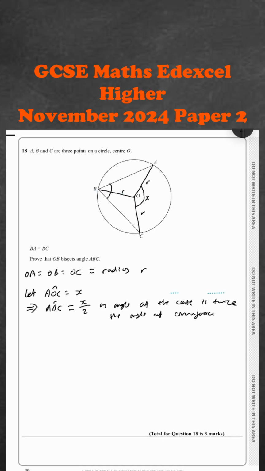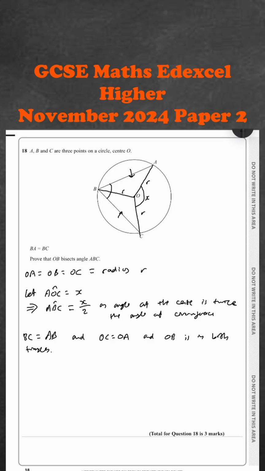Okay, so we know that AB equals BC. We knew that already. But we also know that OA equals OB, which equals OC. So both of these two triangles, this one here and this one here, must be congruent, because BC, I'll actually just write it here, BC equals AB and OC equals OA, and OB is in both triangles.